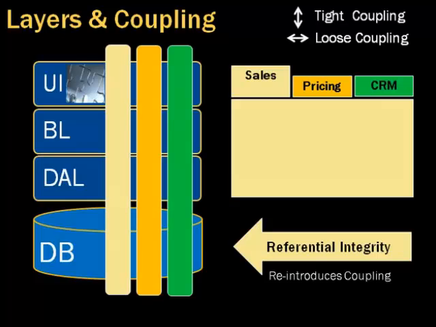So if we look at a classical enterprise app, where we've got the tabs on the top for a standard ERP application, and we say we have a sales module, and we have a pricing module, and we have a CRM module, and we look at the code of this app, what we tend to see in terms of coupling is that the sales UI piece is coupled absolutely to the sales business logic piece, which is coupled to the sales DAL piece, which is coupled to the sales data in the database.